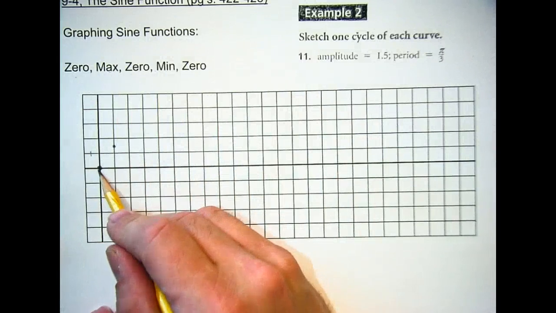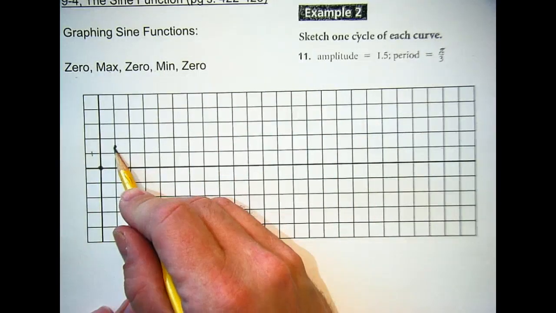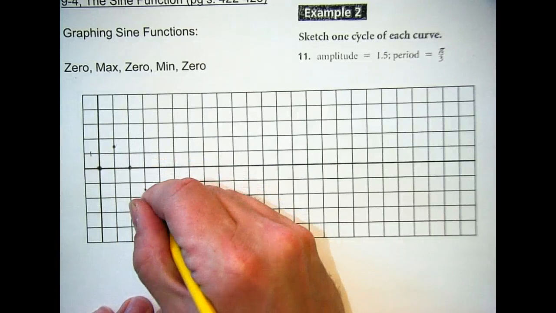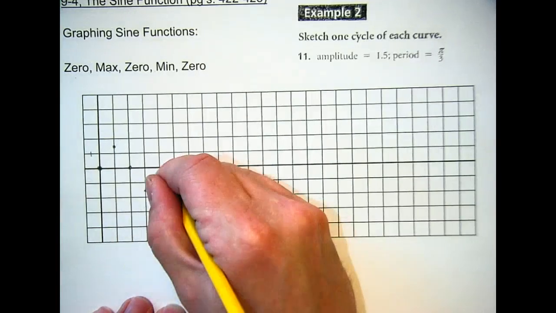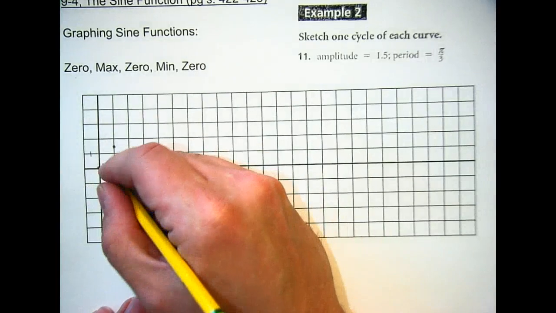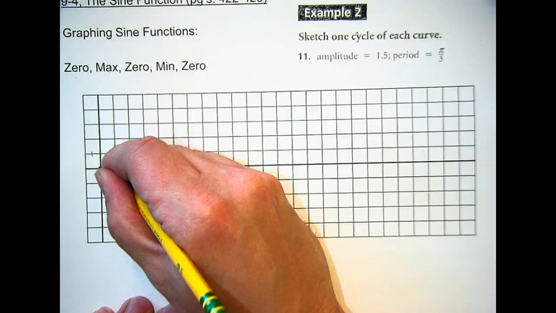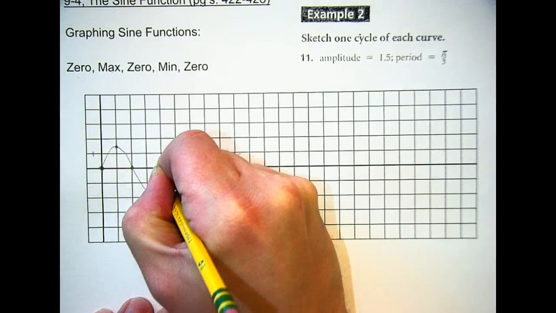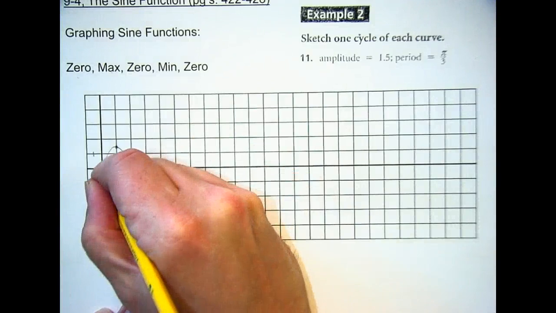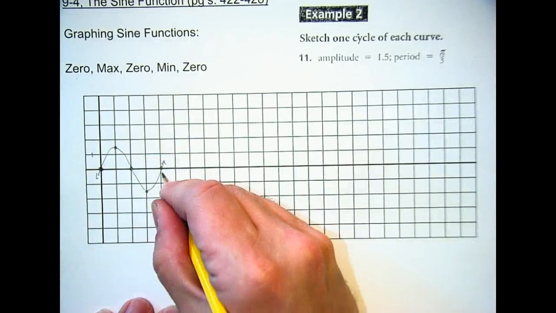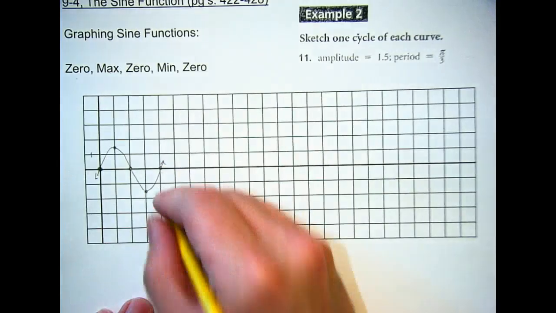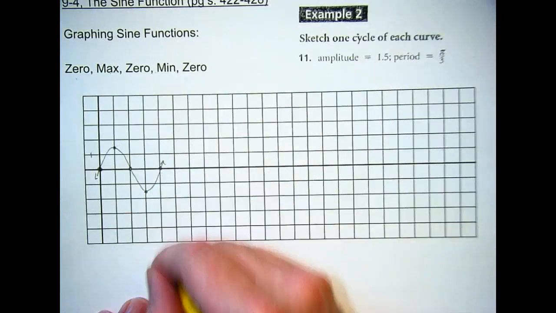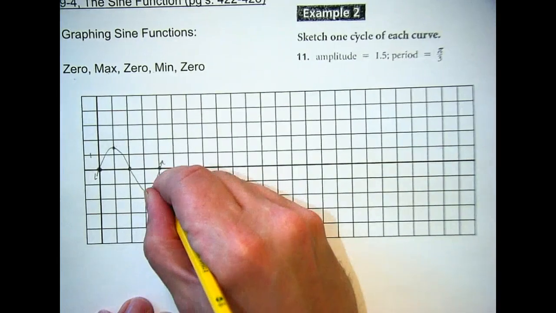Okay, so here, where do we go next? 0, and then negative 1.5 and 0. Good. Pi over 3. It says 0 on the y. Got our curve. What is this? Pi over 3. Now, I've seen some students like to label it down here if they want. I prefer you label it up here so I can actually see.